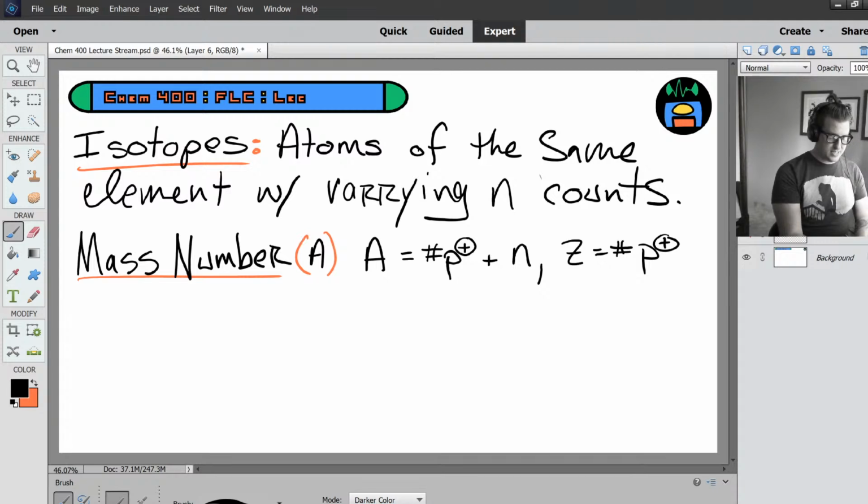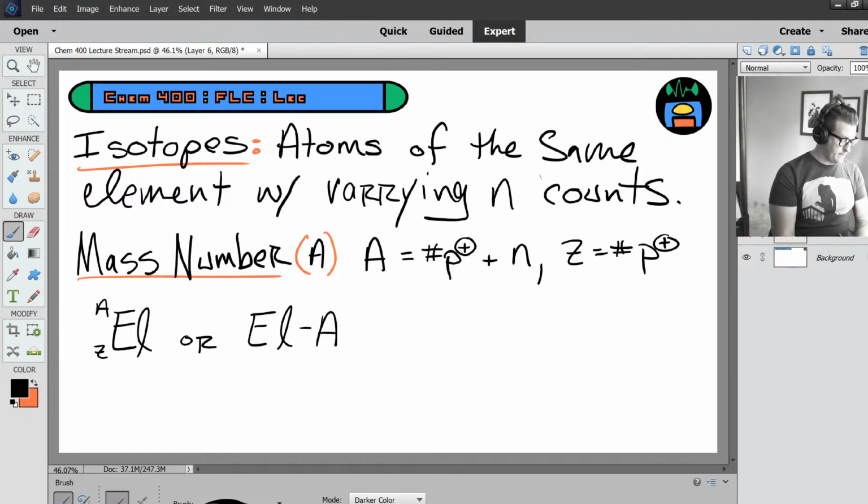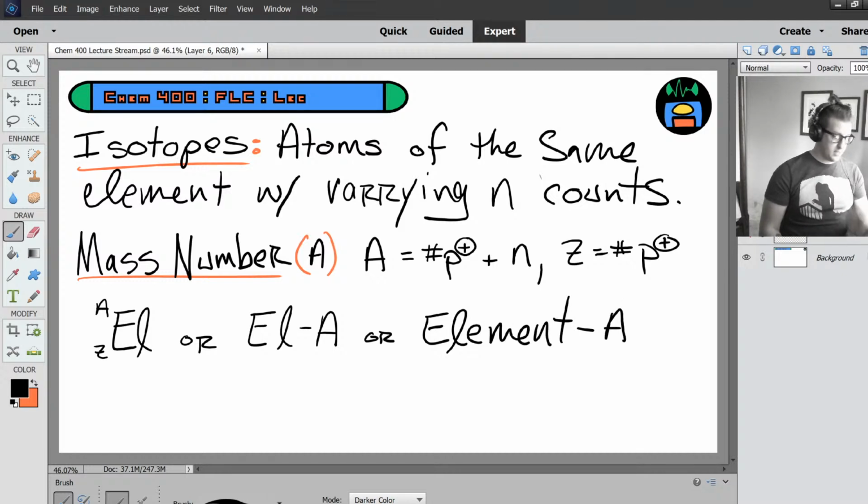So you'll see this written like so, the elemental symbol with the mass number superscripted and the atomic number subscripted, or you'll see an elemental symbol written with a dash followed by the mass number, or sometimes the element's name will be written out, followed by a dash and the mass number.